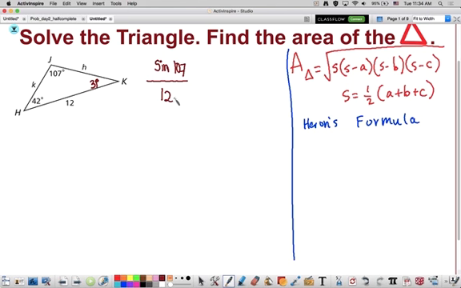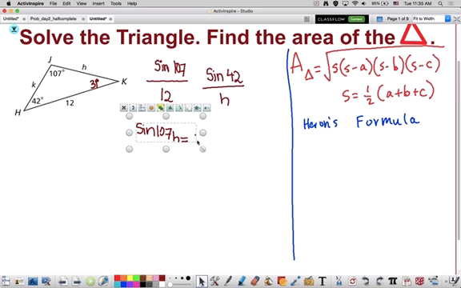And then I'm going to try to find the side H first. So it'd be sine 42 over H. Then since we cross multiply, sine 107 times H is equal to sine 42 times 12.